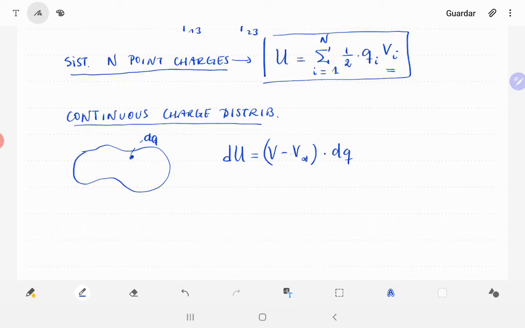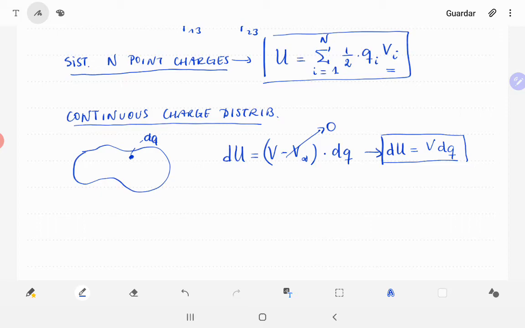Okay, so this is 0, its potential at infinity, and when I place it at this point it is going to be V. So the increase of electrostatic potential energy, because I bring this charge dq from infinity to this continuous charge distribution, which had already electric potential V, is going to be given by this expression.